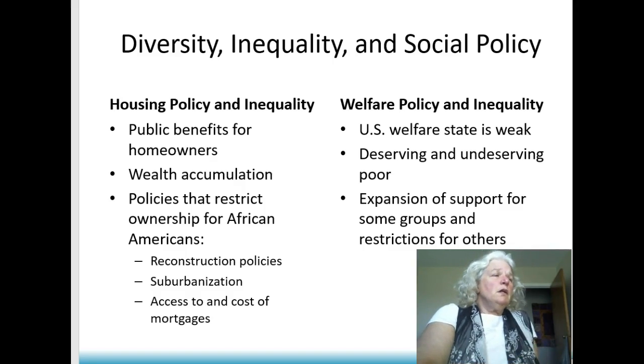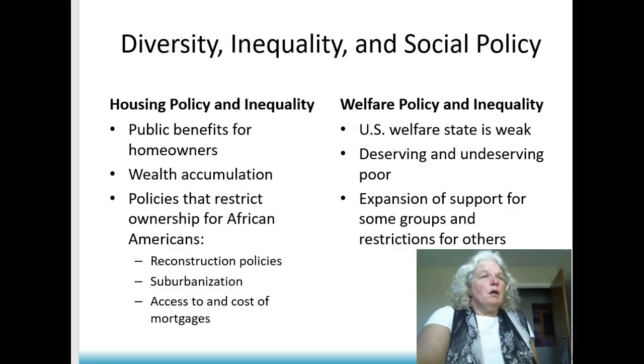There's a belief in the United States that we can pull ourselves up by our own bootstraps, and we say that. And the reality is that people born in lower class and poor families will remain in lower class and poor families, not because they don't work hard, but because opportunities aren't necessarily given to them. And that's part of what you're going to be observing within your videos in the module this week.